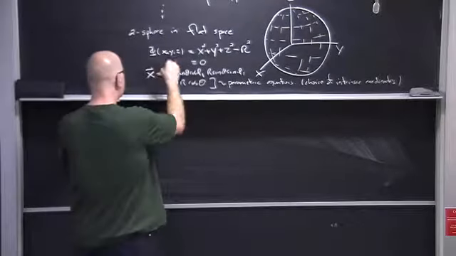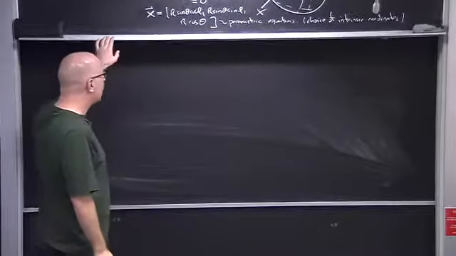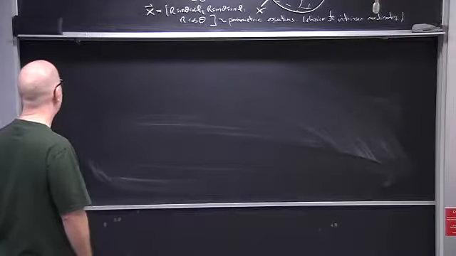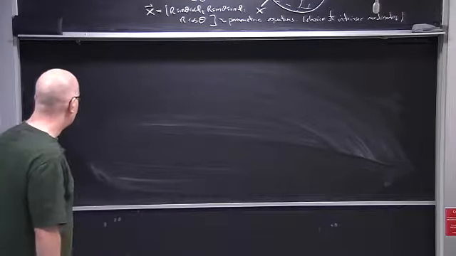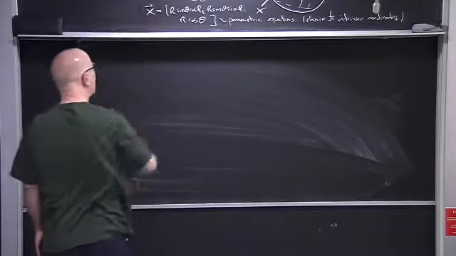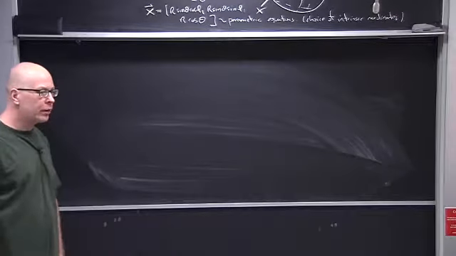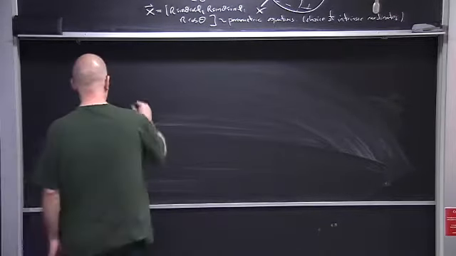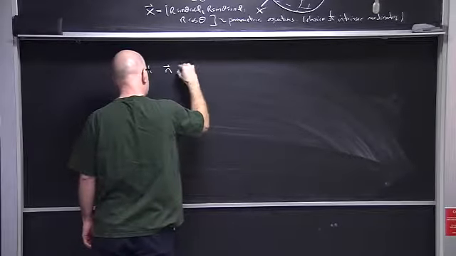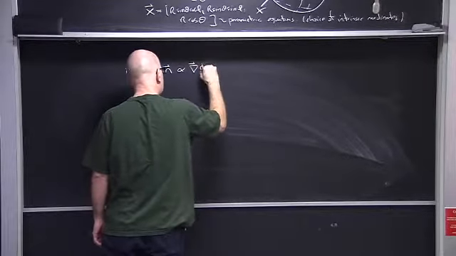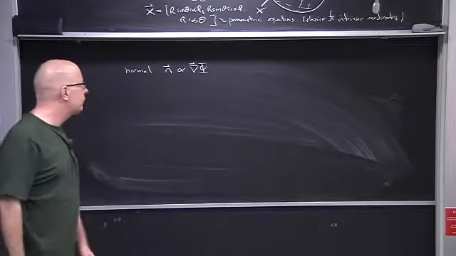Now, each of those descriptions carries its own convenience, and they achieve different purposes. This equation is a very good starting point to calculate the normal vector. The normal vector is going to be, in general, proportional to the gradient of that function phi.